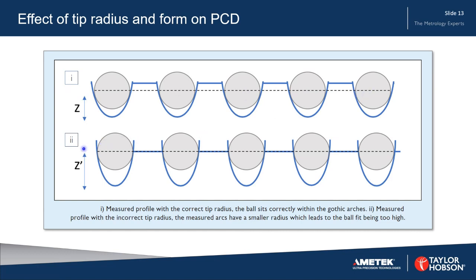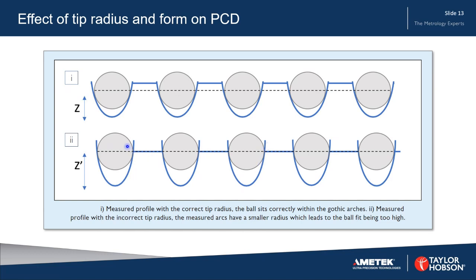But in the second example underneath, we've not, because of the way we've measured with the wrong stylus, or the stylus of a wrong radius or bad form, we've actually got a result that doesn't represent the real form of the part being measured.